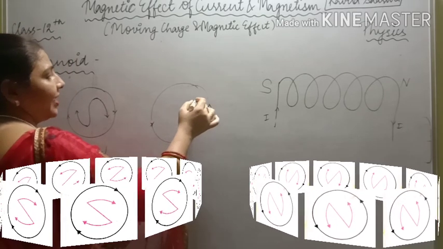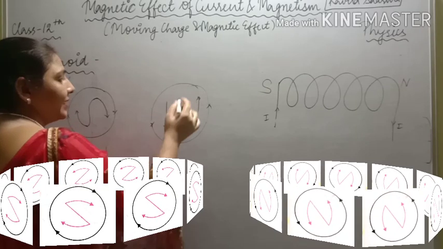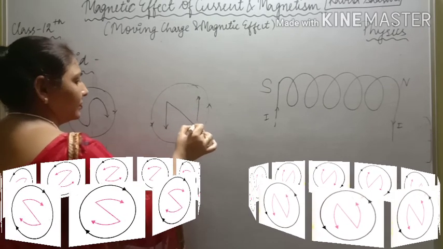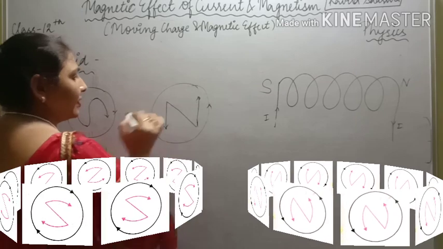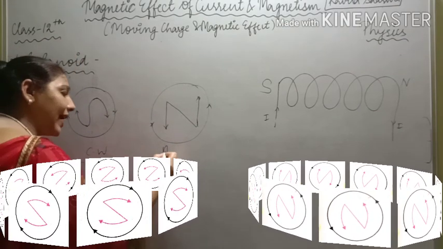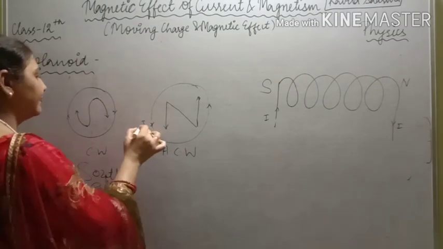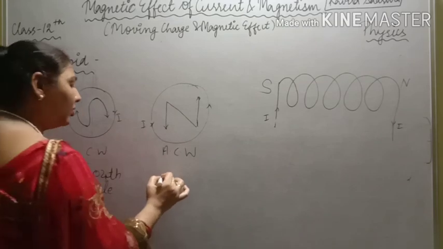Similarly, if we have the anti-clockwise direction of the current flow in the circular loop, it means like this. Okay, so it forms the north pole. It means when we have anti-clockwise current flow in this, then it forms the north pole.